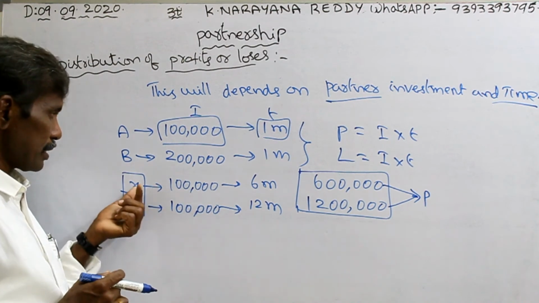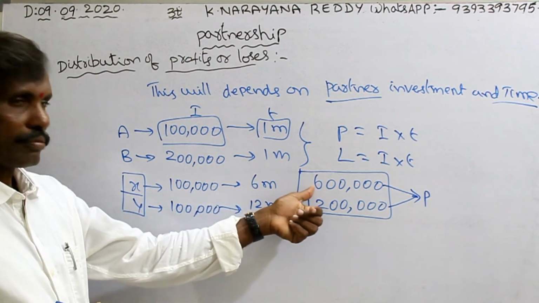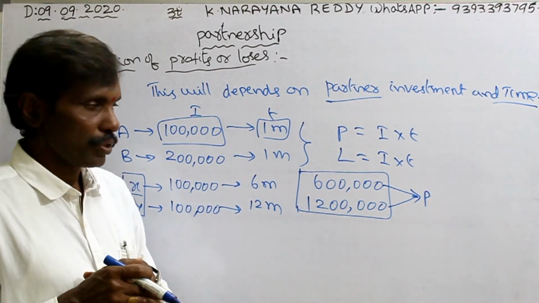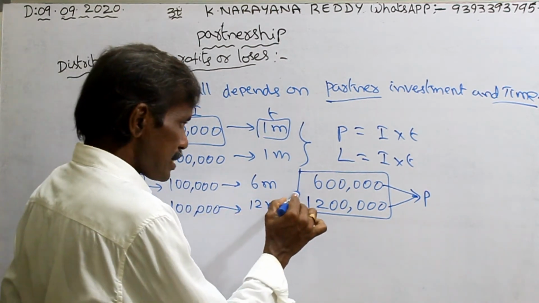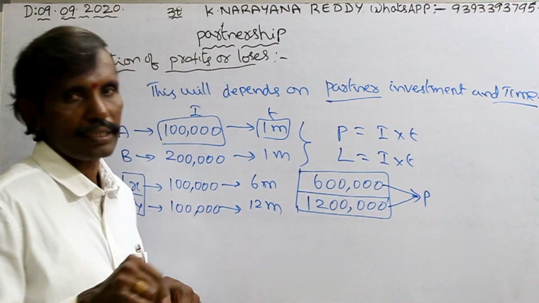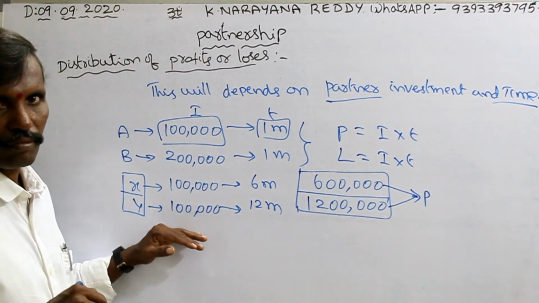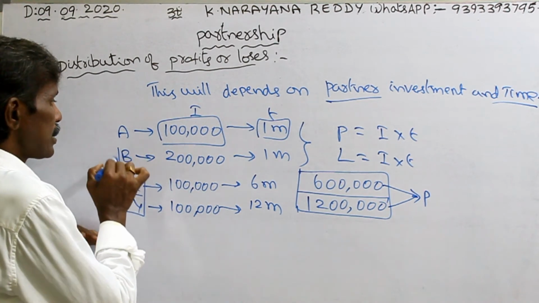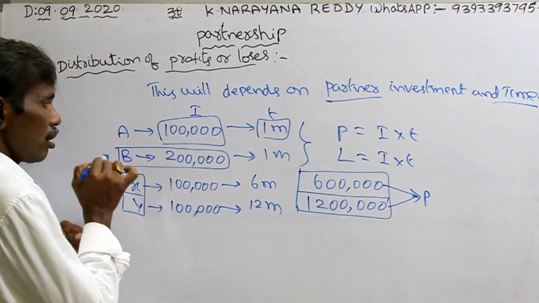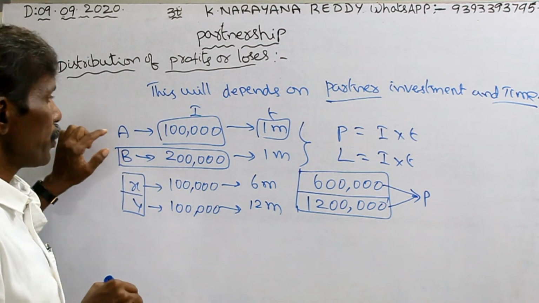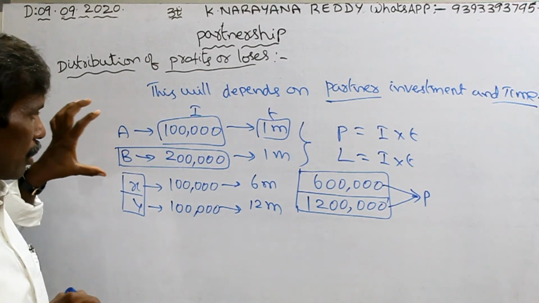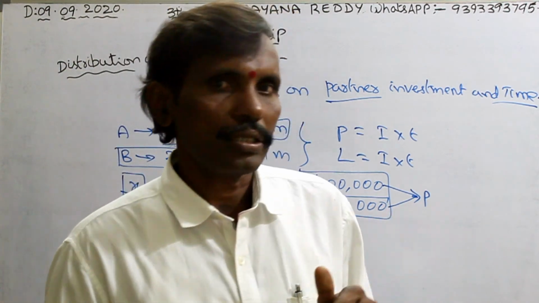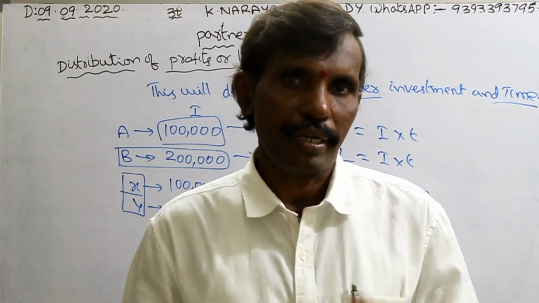Suppose X has invested 6 lakhs in total and Y has invested 12 lakhs in total. So Y gets more profit or loss in this partnership. Here also the same thing: B gets more loss or profit compared to A. So we can say that profit or loss depends on their investment and time period.